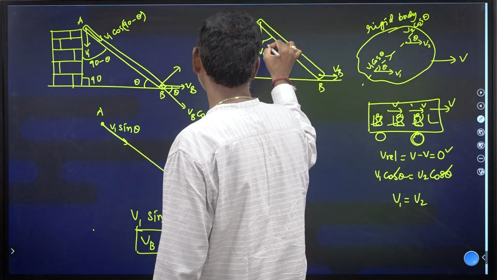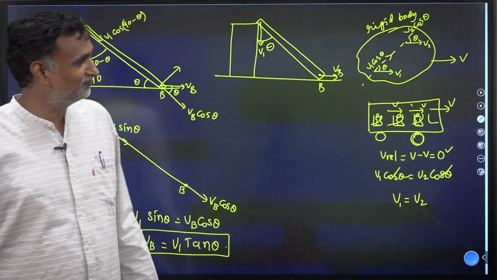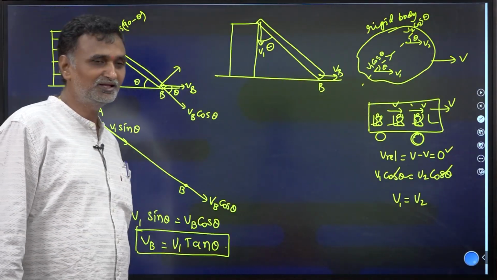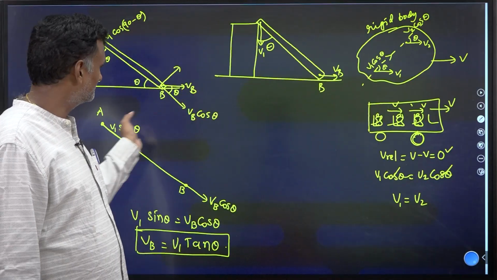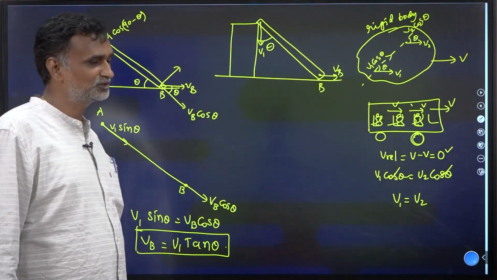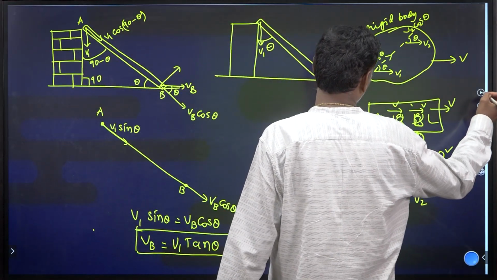If theta is given here, what is the relation between V1 and VB? Simply, you can find out the answer using the first method or the second method. Try to solve this one. Next slide.